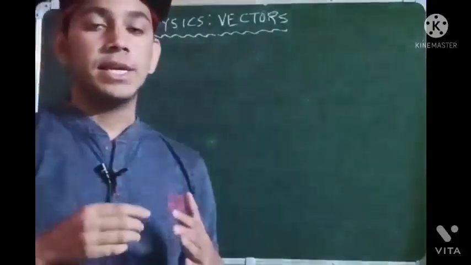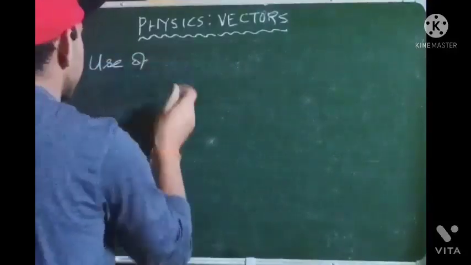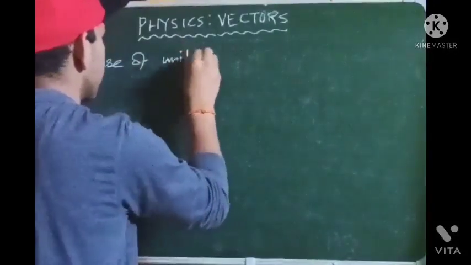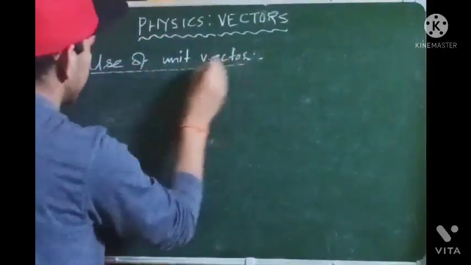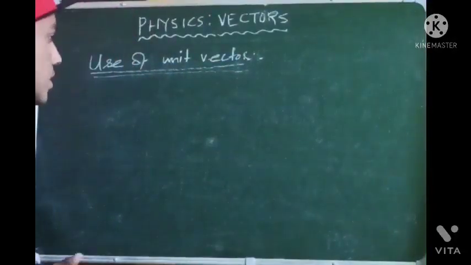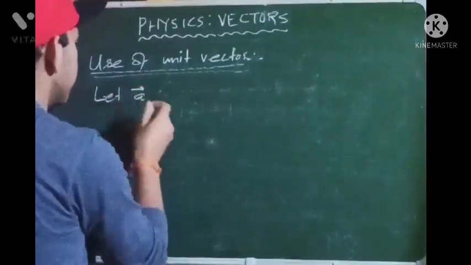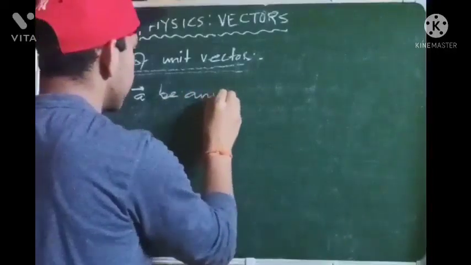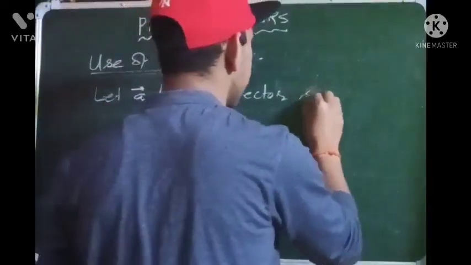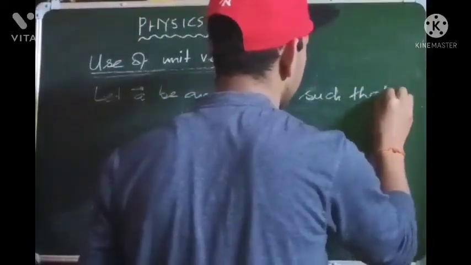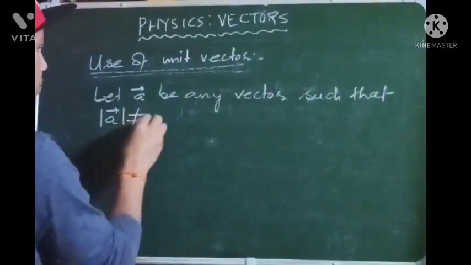Now we are going to see the utility of unit vector, or use of unit vector. Let us suppose we are given a vector, a vector. Let a vector be any vector such that mod of a vector is not equal to 0.